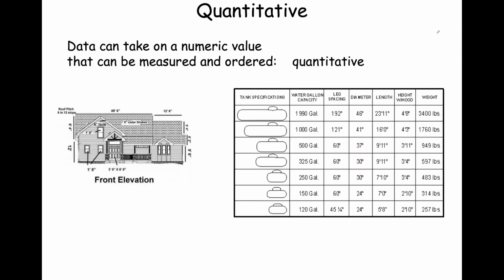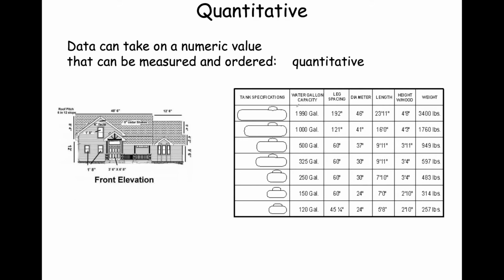So let's take a look at numerical data, so-called quantitative data, things like measurements. If we look here to the schematic of a home, we have 48 feet 6 inches. That's a measurement. These are numeric values, and they can be both measured and ordered naturally. Let's take a look at these specifications for water tanks.